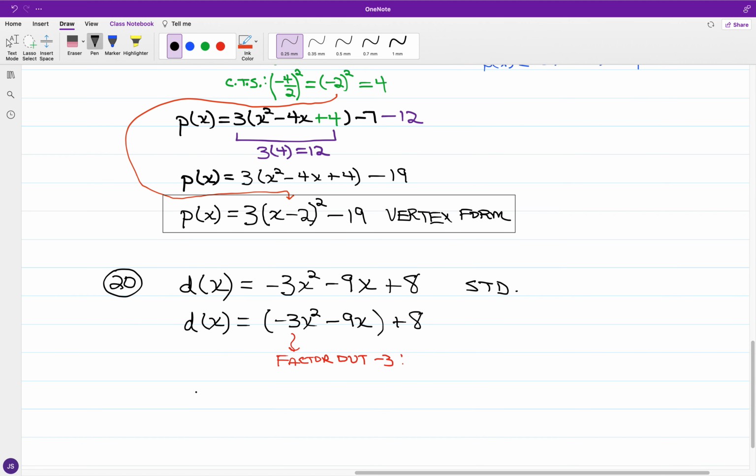And so in the rewrite, we have d of x equals negative 3 times the quantity x squared, and negative 3 into negative 9x is going to be a positive 3x, followed by the addition of 8.